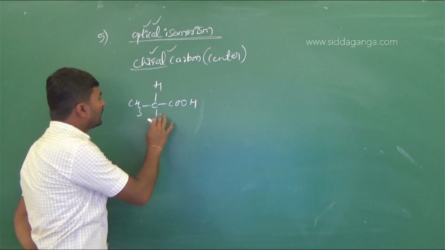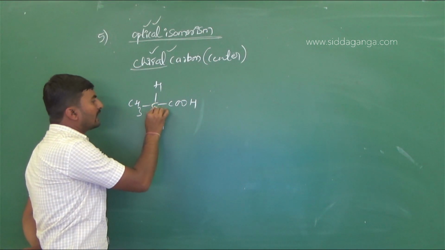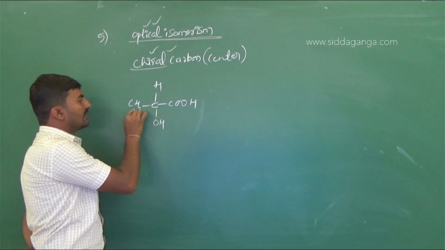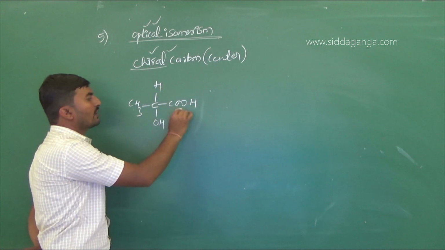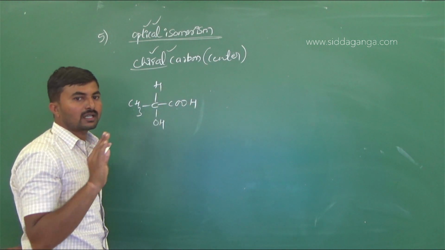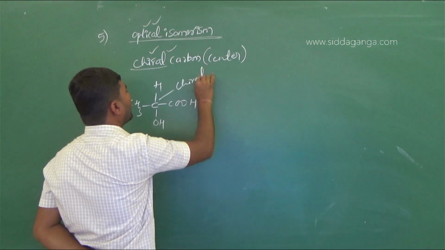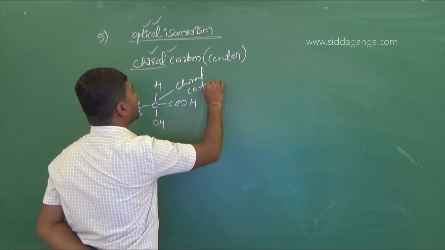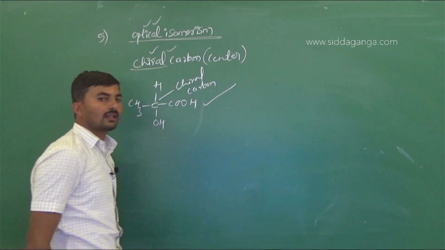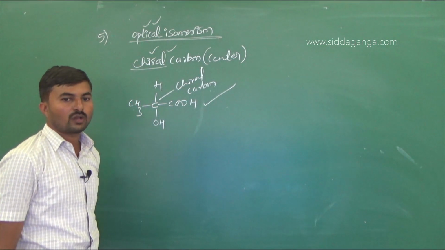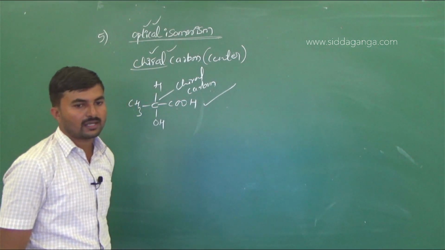So here the carbon atom will get attached with OH, CH3, H and COOH. All are different substituents. That is why this is a chiral carbon atom, which shows optical activity. So which one of the following will show optical isomerism? That is option 1.